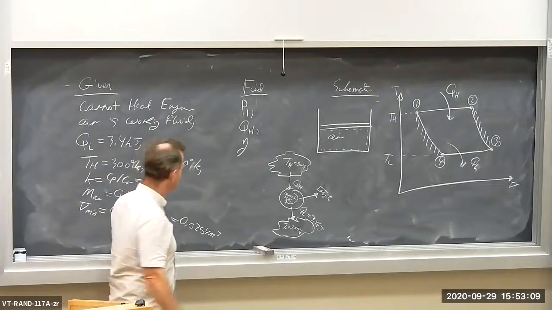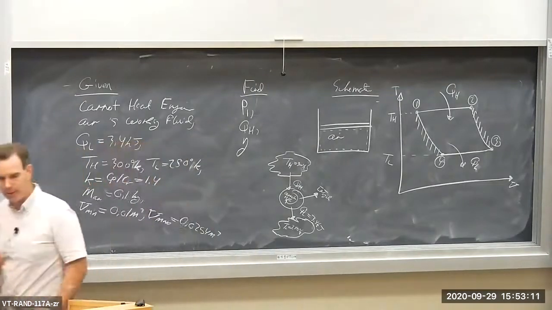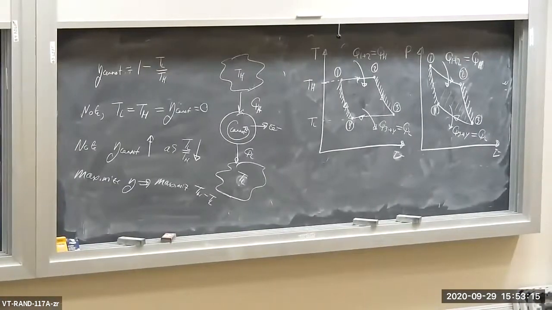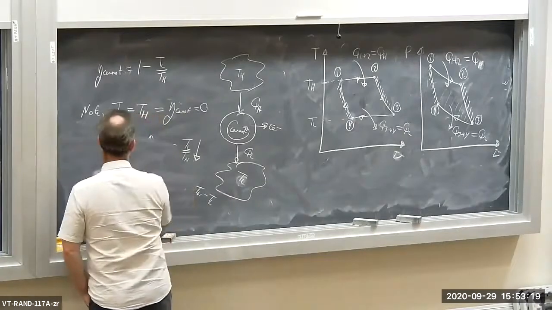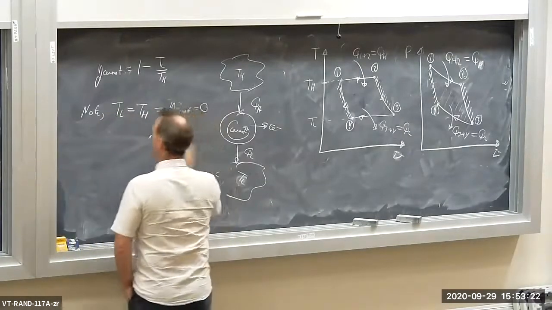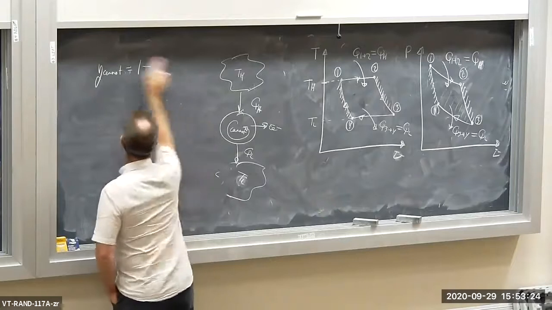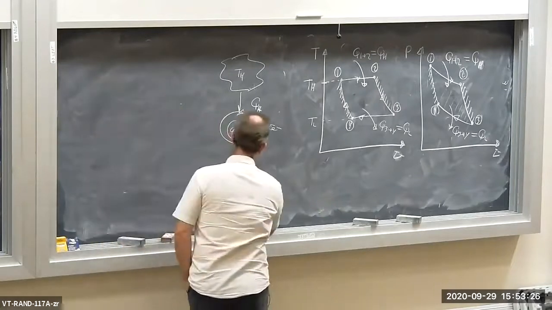All right, let's get started. Let's calculate pressure at state 1. I think that's the easiest thing to do. I'm going to assume ideal gas, and in fact I'll write it in the assumptions in just a moment.